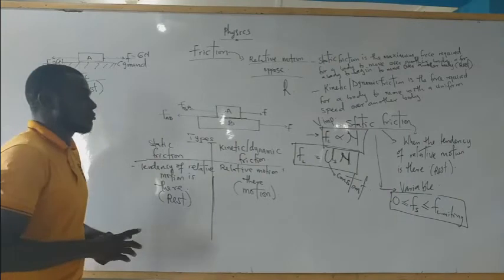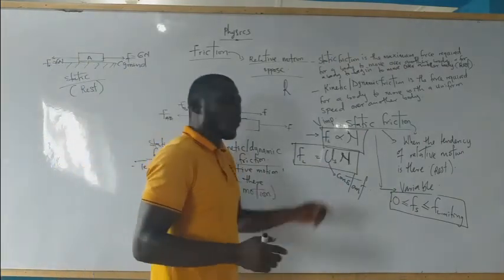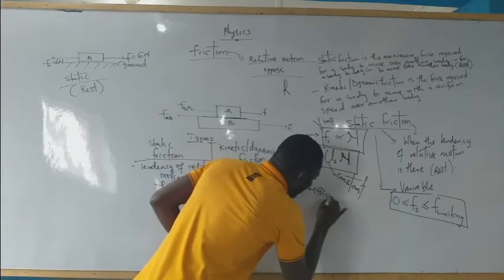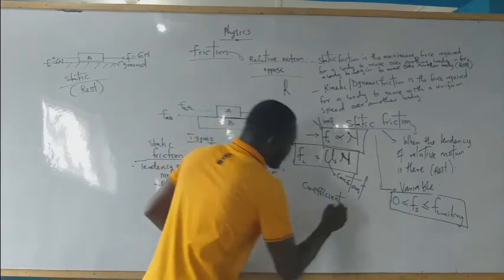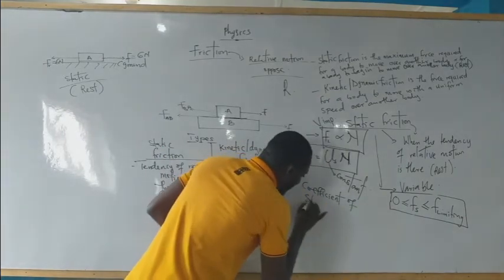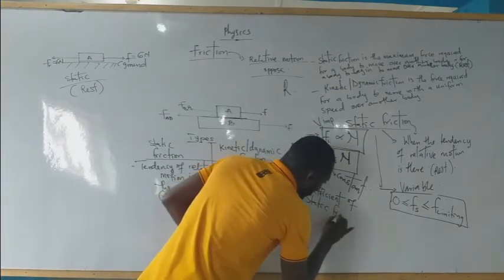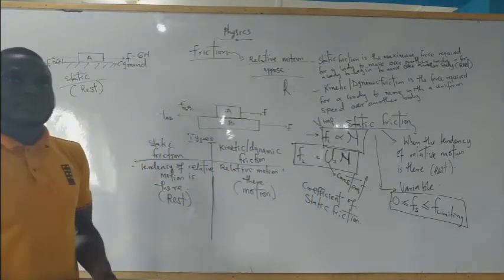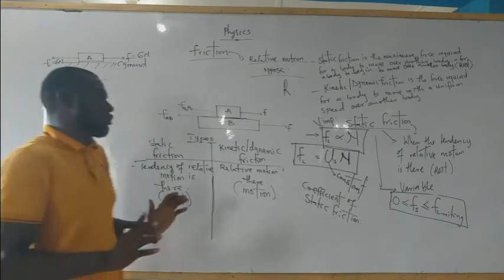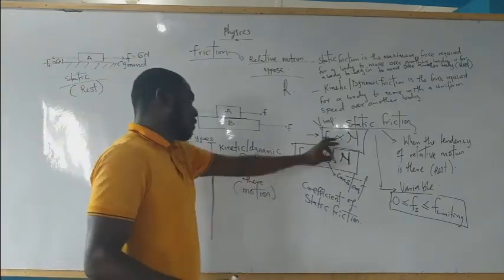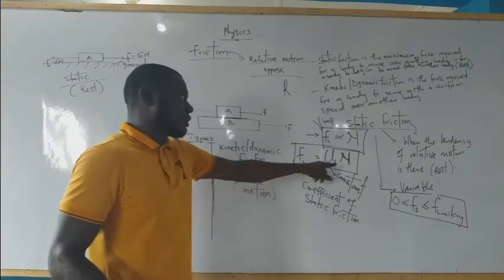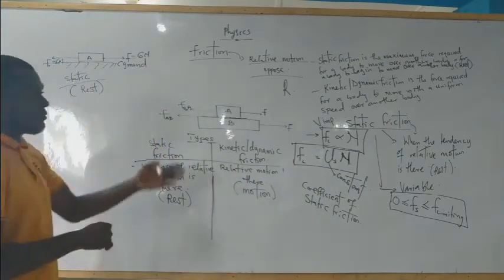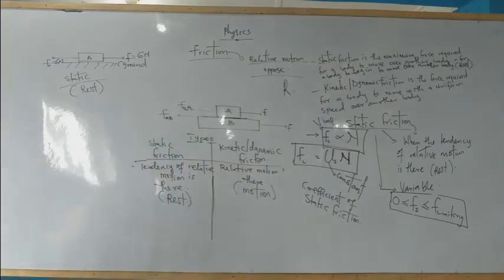It is called the coefficient of static friction. The coefficient of static friction is constant. In order to remove the proportionality sign, you apply an equality sign. Take it.